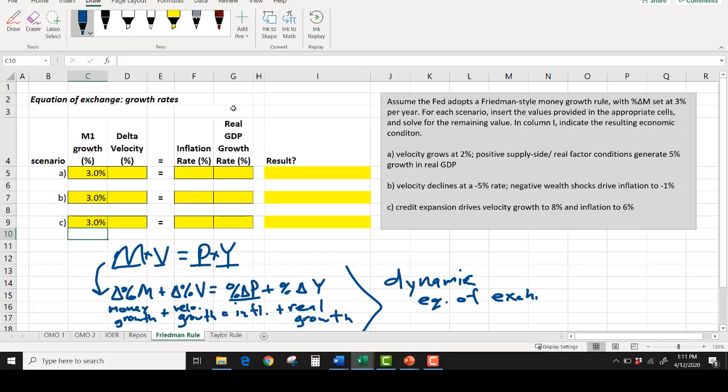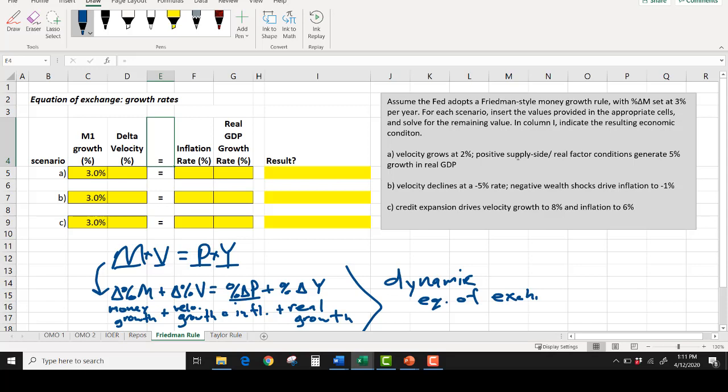Well, it happens through supply or demand shocks that buffet the economy, and that's something we'll talk about in next week's lectures. What about velocity? Velocity happens through autonomous changes in people's spending or savings habits, right? And then inflation usually would be the residual of those real factors and demand factors that are driving changes in the GDP and velocity variables.